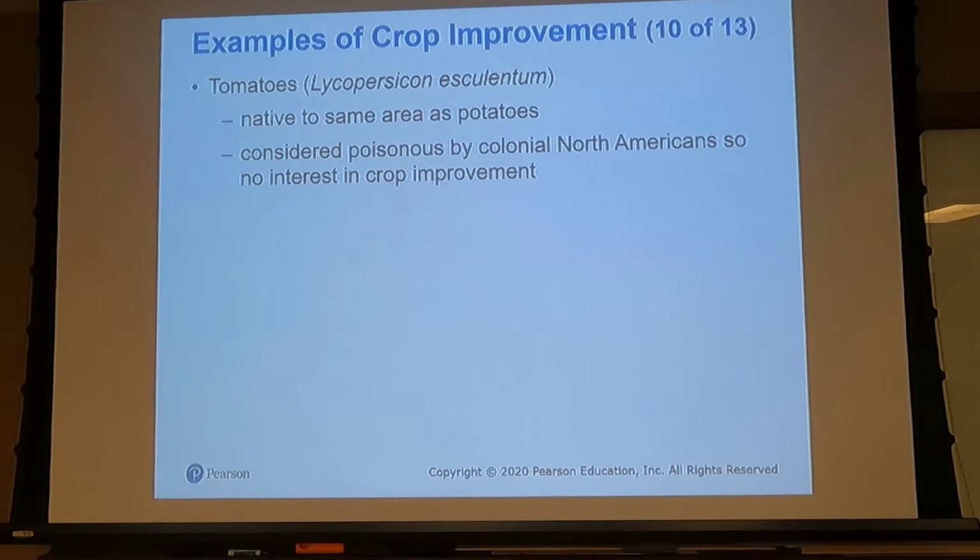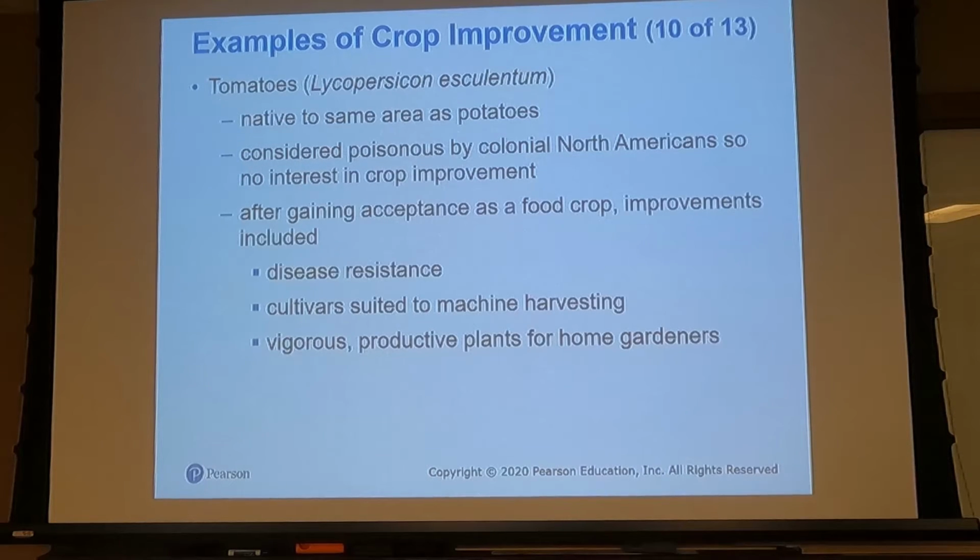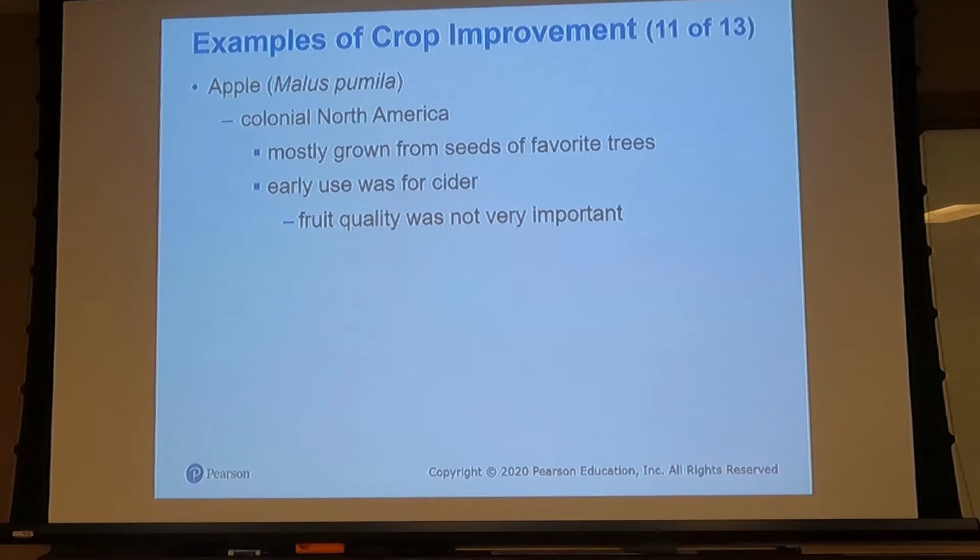Tomatoes, kind of the same thing. In the beginning, in colonial North America, tomatoes were considered poisonous, and so we did not work on any crop improvement. But over time, we realized that they weren't poisonous, and so now we have greater disease resistance and vigorous, productive plants for home gardens.